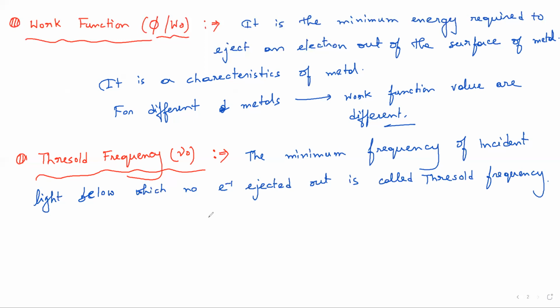Okay, W naught equals to normal. We all know that E equals h nu. E is the energy, and work function is also energy. So can I write W naught equals h nu naught?